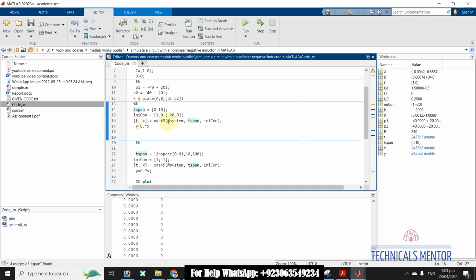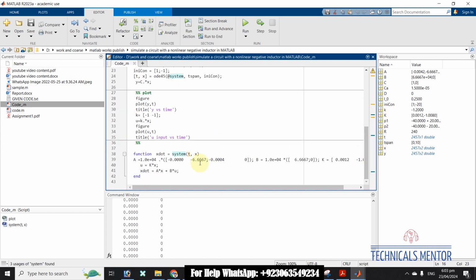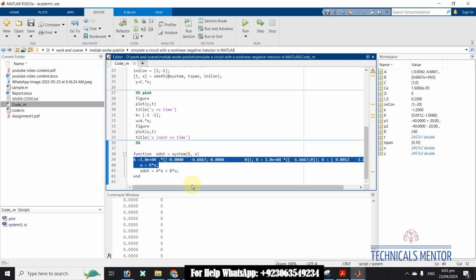We defined a function called system dynamics. Our system function calculates the derivative of the state vector incorporating our control law, which is given at the end, as you can see.